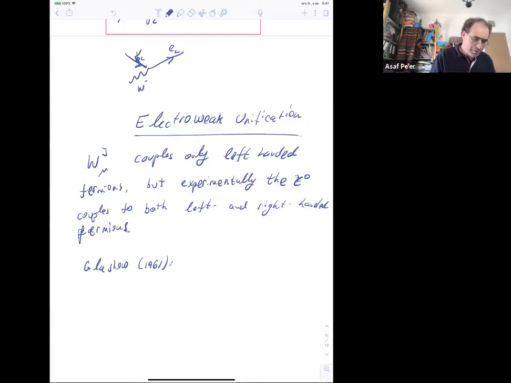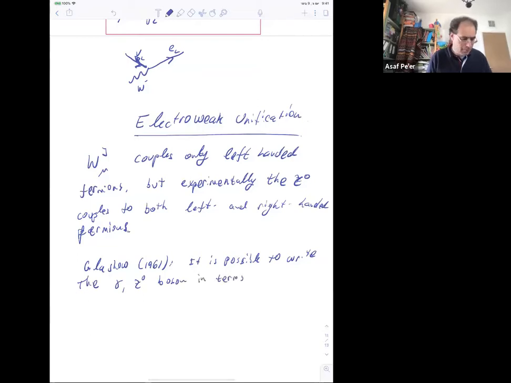So Glashow proposed that it is possible to write the photon and the Z boson in terms of quantum states formed from two neutral bosons.